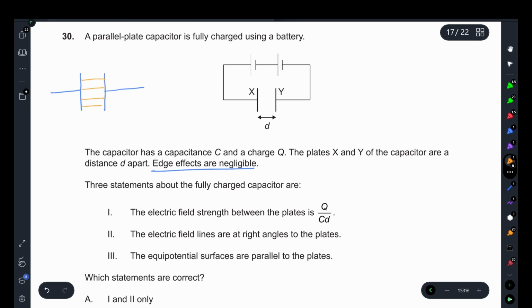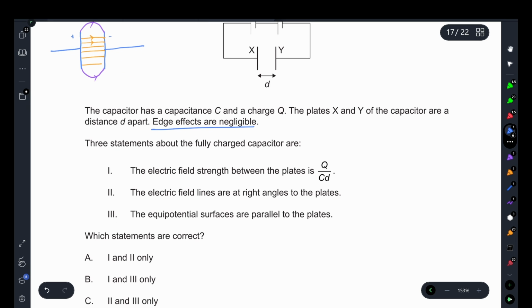However, close to the end of the capacitor, the field lines begin to curve up and around. Now, this may be something you studied, something you may have forgotten, but it's okay because, lucky for us, we are neglecting that. So, with that diagram in mind, let's look at this.